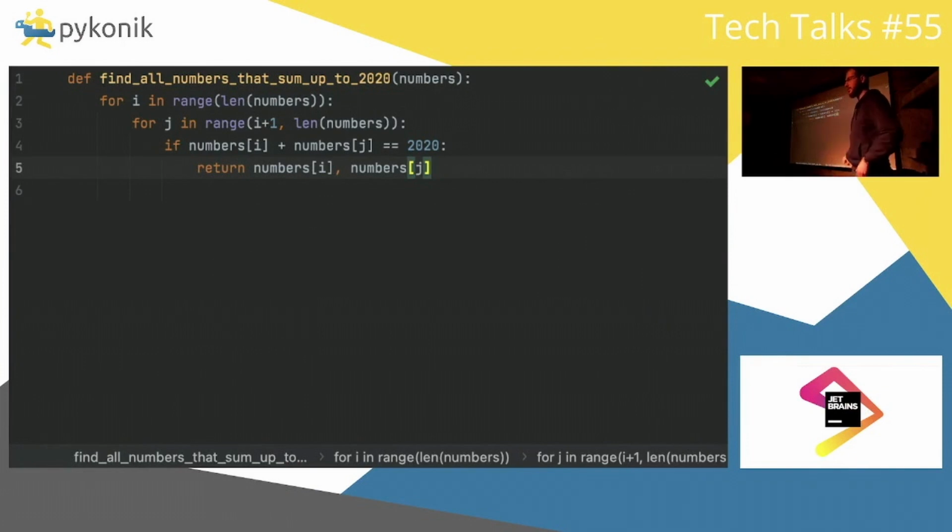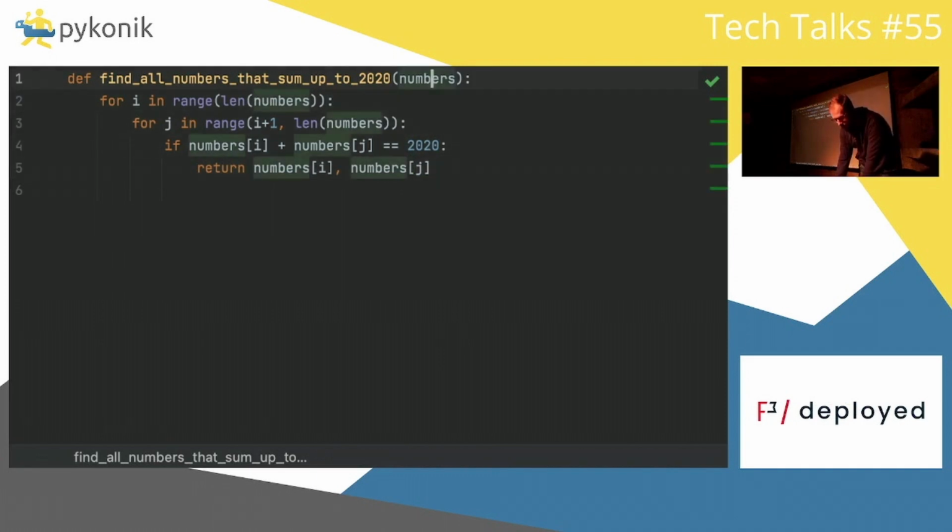Yeah, slightly better. No, it does multiply but doesn't return all. This is the solution for the previous one. It has an off by one error. Could you add one more thing to the name? Find all numbers that sum up to 2020 in a list.